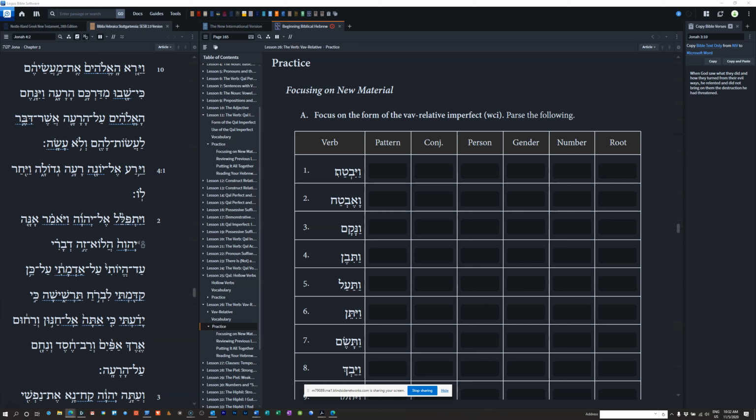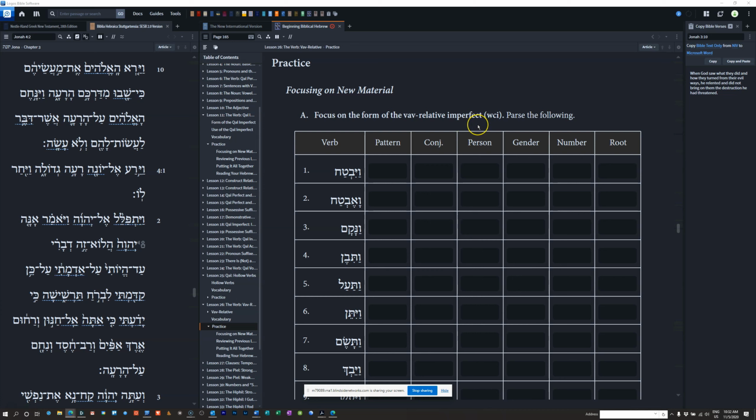But really, you've got three forms that look identical a lot of the time. You know about the imperfect and the jussive. Those often look identical. But there's also a form called the narrative preterite, and we may just refer to it as the preterite. But the imperfect, the jussive, and the preterite frequently look identical.